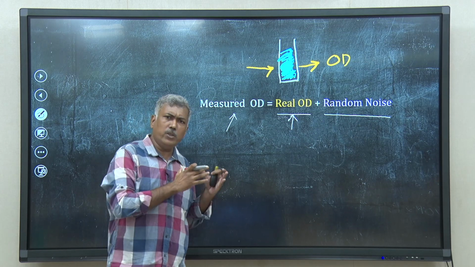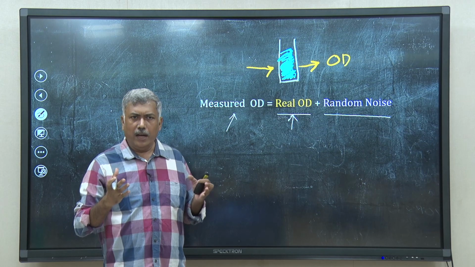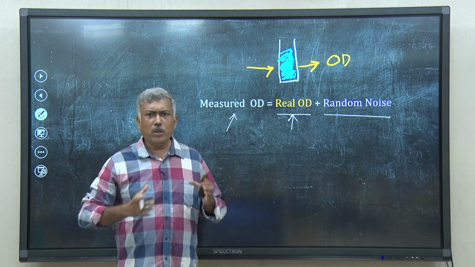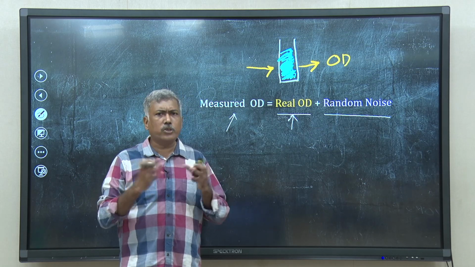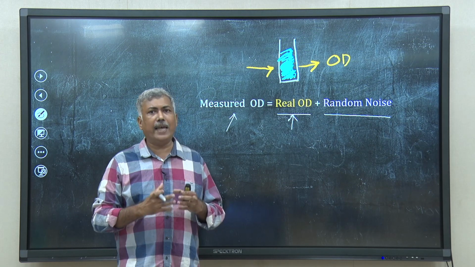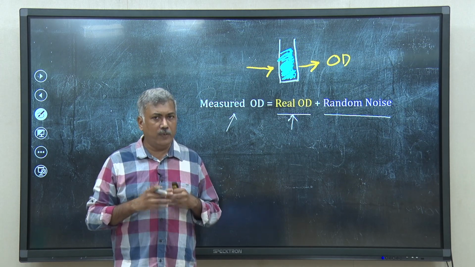So, why do I call this noise random? Because first of all, I am quite uncertain about its value. I do not know it, most of the time I do not know the origin of it, and I cannot control it. So, we may assume some sort of probability distribution for this noise, considering noise as a random variable, but we are quite uncertain about its specific value.